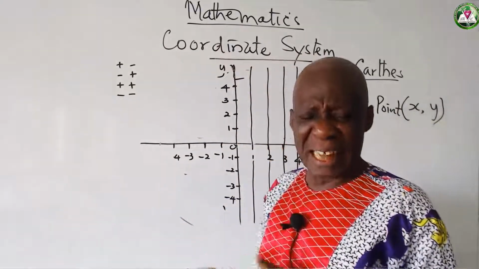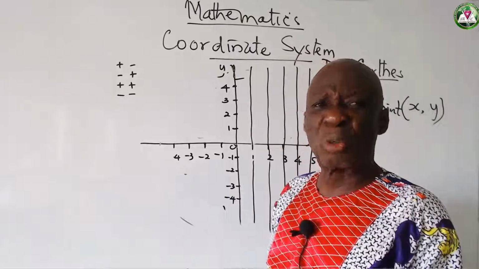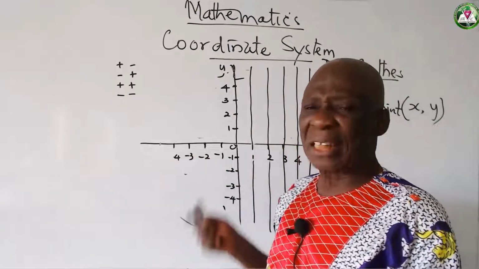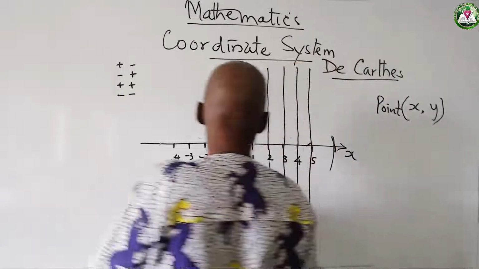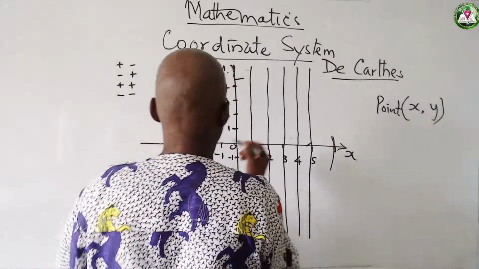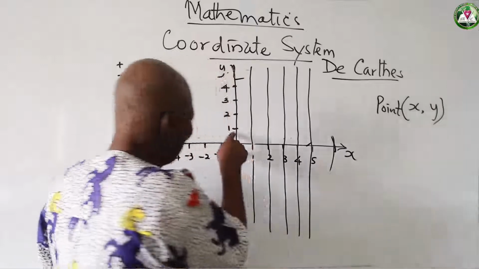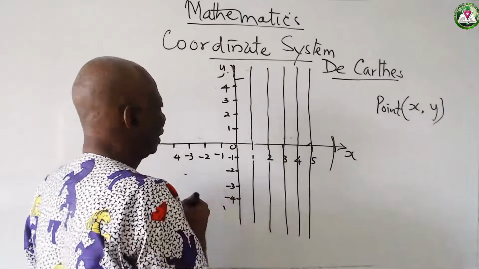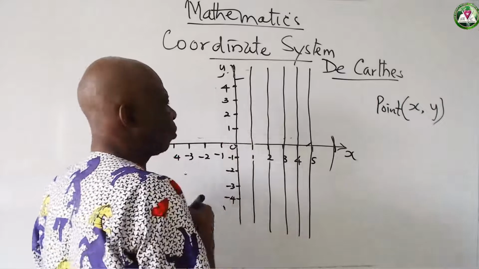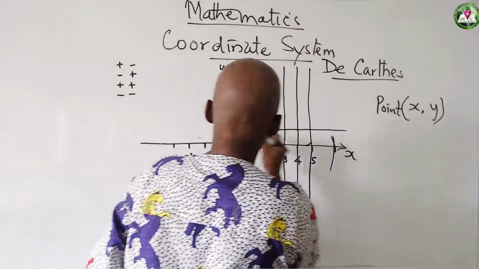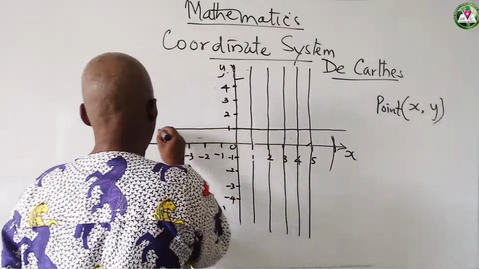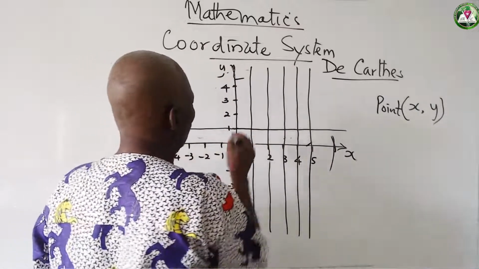Now, does it mean that this type of thing pertains only to the x-axis? No. The y-axis also has its own. So, we now draw y equal to 1, look for it. That is the place where y is equal to 1. But it's not only here that y is equal to 1. Every line from here going that way will be y equal to 1.